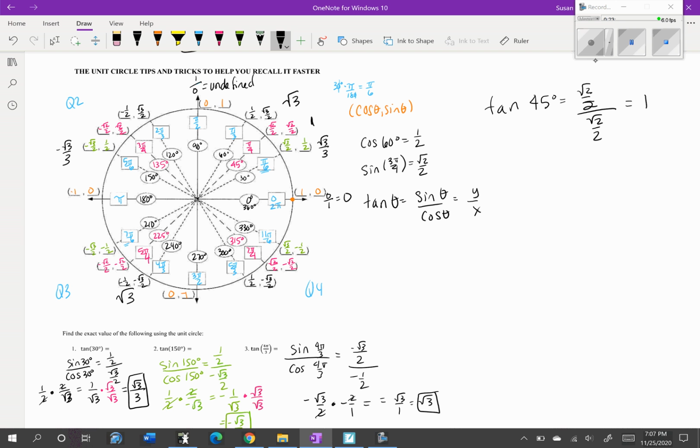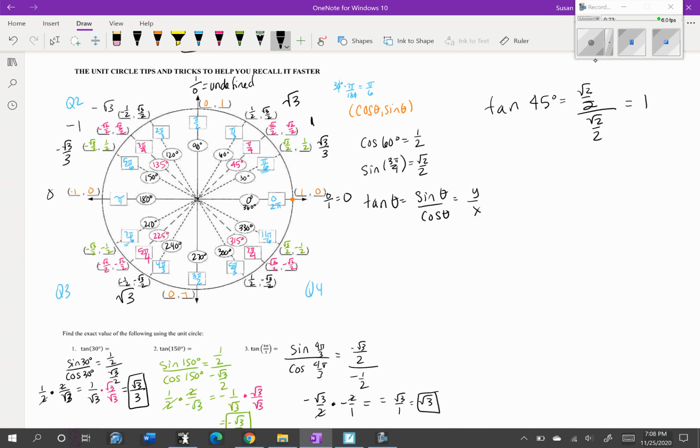So just like our coordinates for sine and cosine, the sign changes depending on the quadrant, the same thing for tangent. So here, sine is positive and cosine is negative, so they are opposite signs, and you would get negative 1, and this one would be negative root 3. Over here, you still get 0 at pi.